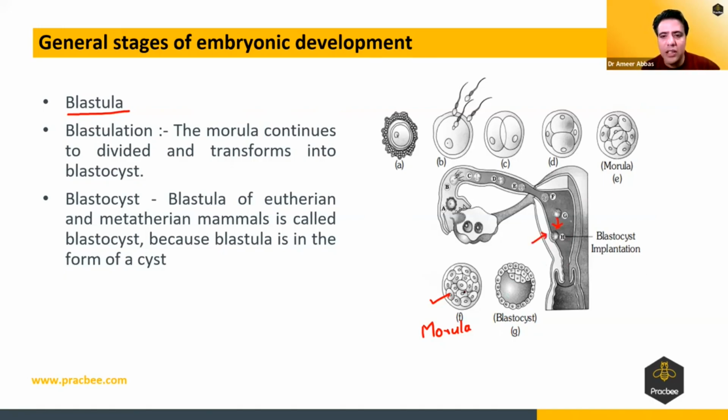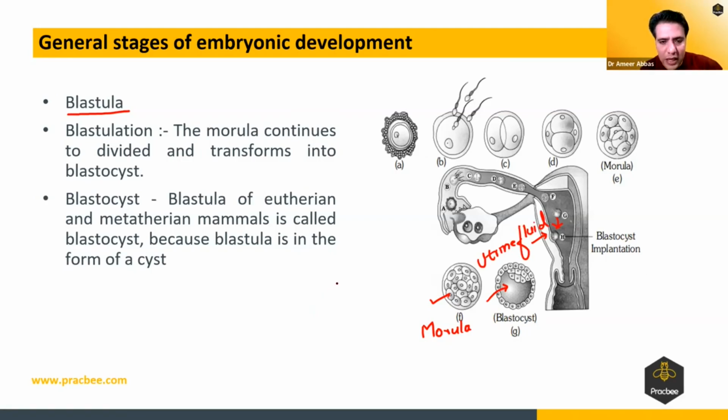There is a secretion of some nutrients into this cell, and this nutrient is known as uterine fluid. Okay, and the cells arrange accordingly.